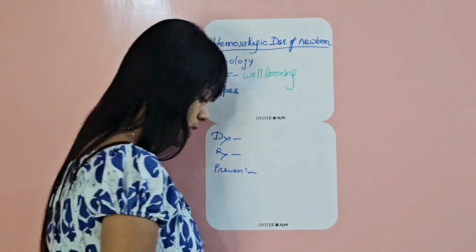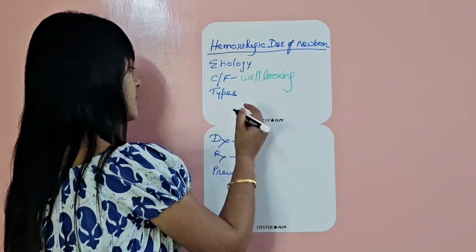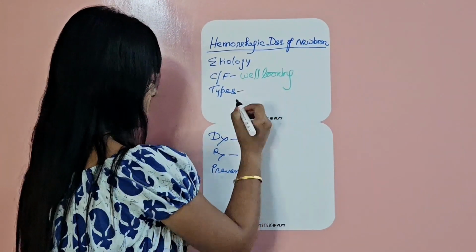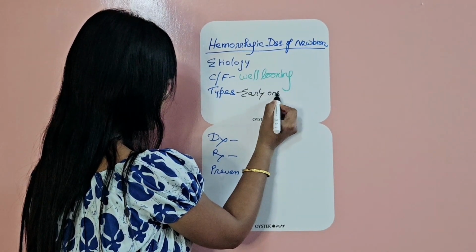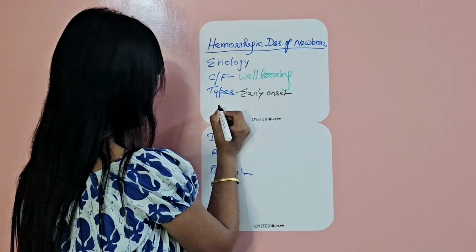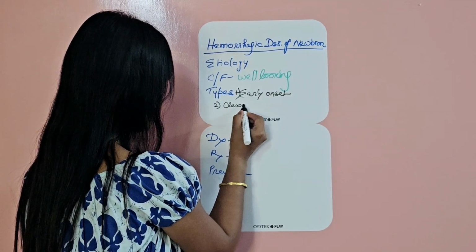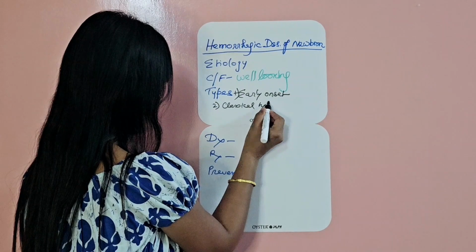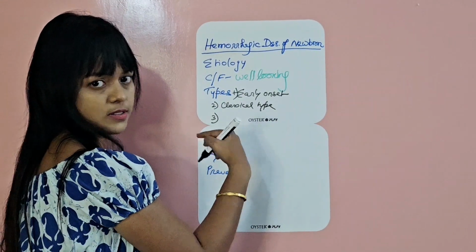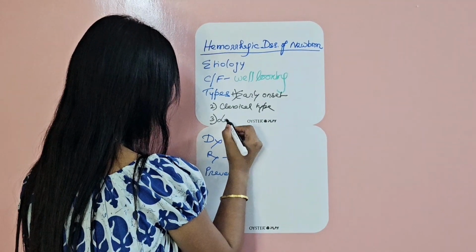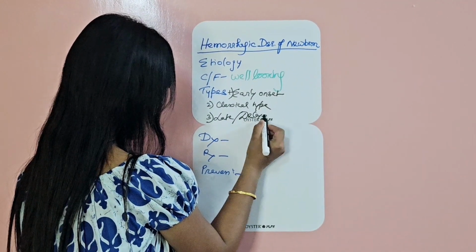Now the types. Basically, there are 3 types. First is the early onset. Second is the classical type. And the third one is, as there is early onset, something called late or delayed onset.